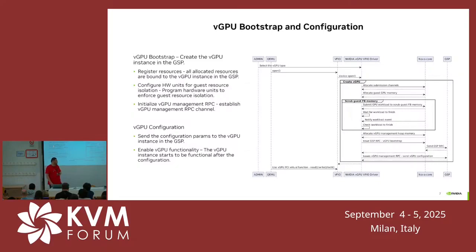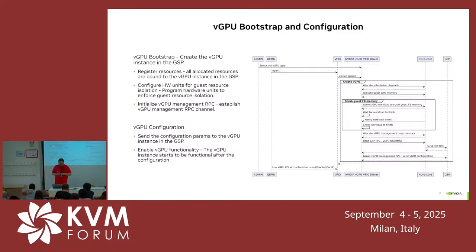And then the next step: you now have all the resources required, everything has been settled, and you get everything you need from the core driver. Now you have to register your resources to the GSP. All the allocated resources bound to this vGPU will be registered, for example your guest memory and your submission channels.